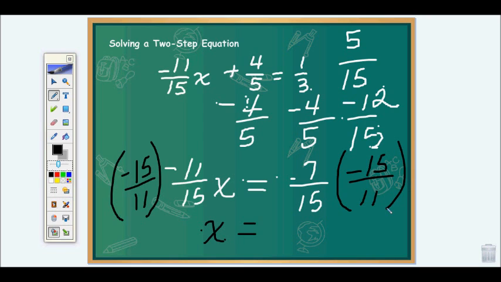I have two negatives, so they're going to cancel each other out. 15 goes into 15 once, so they're canceled out. I've canceled out my negative, and so now I would end up with a positive 7/11. Same rules, and now we're applying some of the multiplication rules that we have learned in Chapter 5.